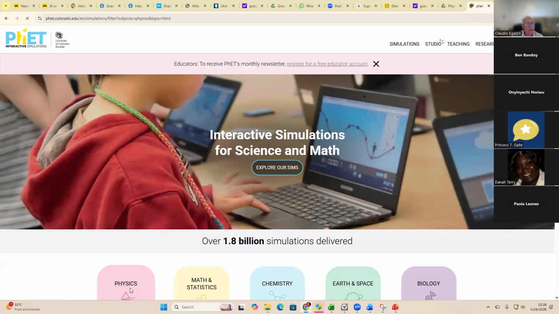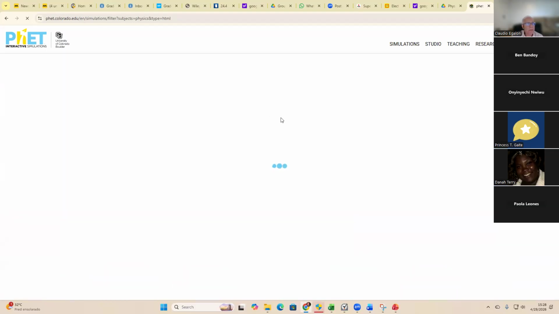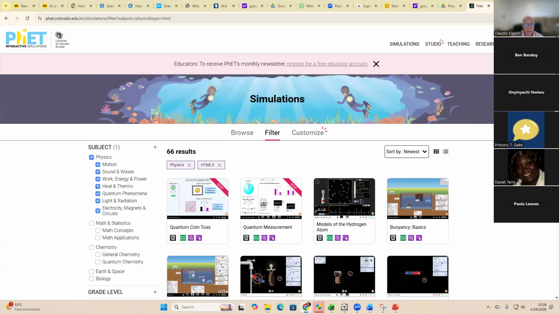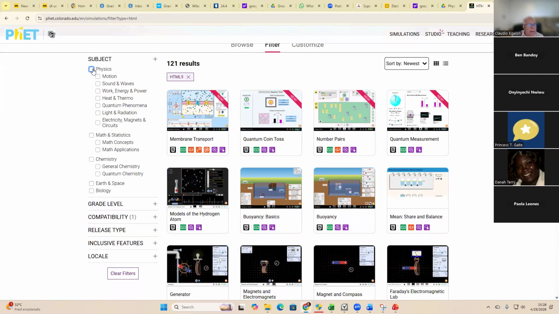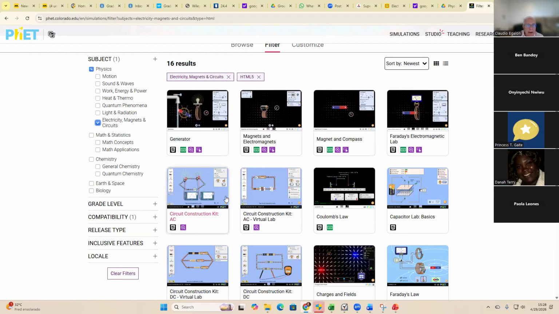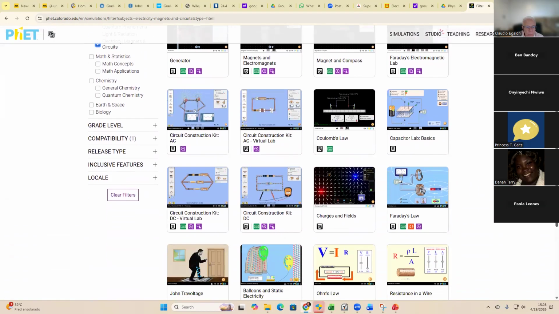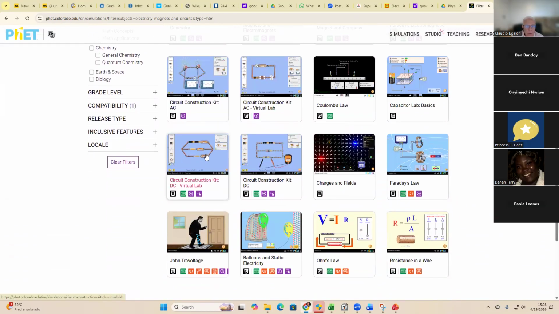And we want the physics simulations. Next, I want the electricity. Okay, and circuits, that's AC. I don't want the AC. I want the DC now. Virtual lab, circuit construction kit.